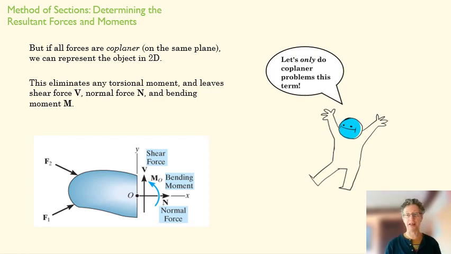So that's fairly common in statics, and it's fairly common in deformable bodies as well. And in that case, we can reduce the number of loadings significantly, right? So we'll only have one component of shear force, we'll have one component of a bending moment, and then we'll have a normal force. There will be no torsional moment, right? Because we can't deal with a torsional moment in a plane. And so we've reduced that from 6 components to 3.